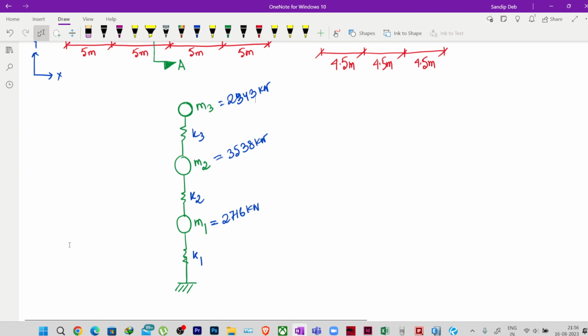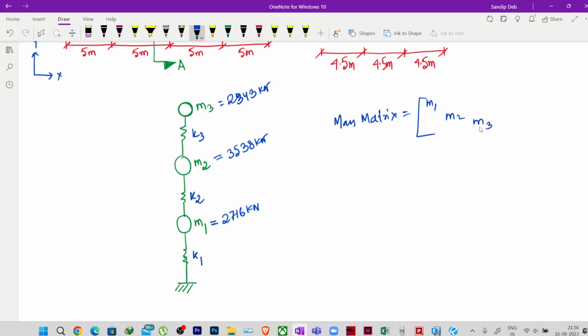Now after finding k1, k2, k3 and with the masses we already have, we can create the mass matrix, which will look something like this. It is a diagonal matrix.